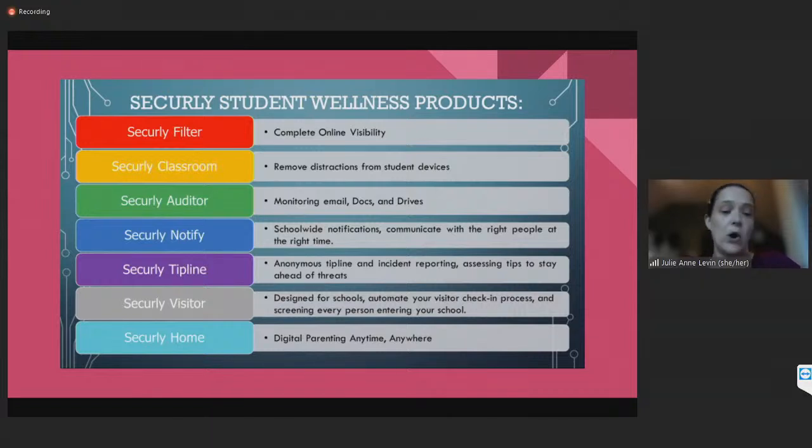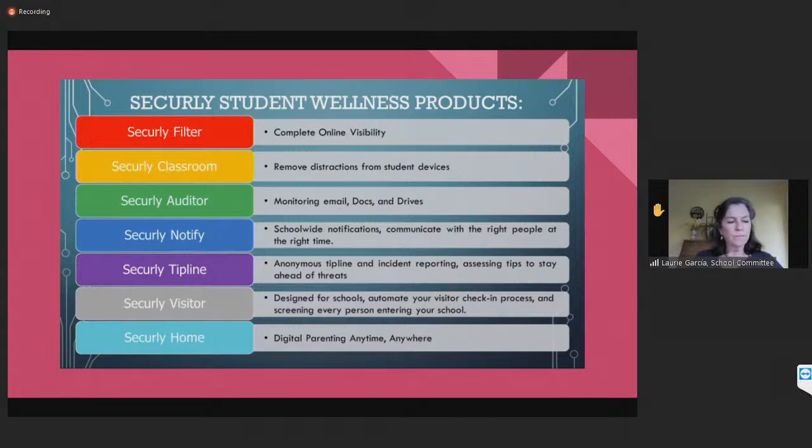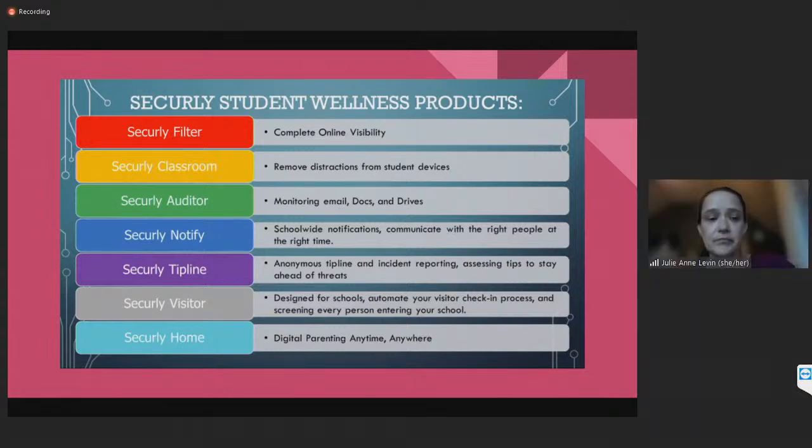But again, only for the district devices. So if a parent and a student have a smartphone or a home computer, we're not monitoring any of that. But yeah, Securely Classroom has been in place since the beginning of remote learning.